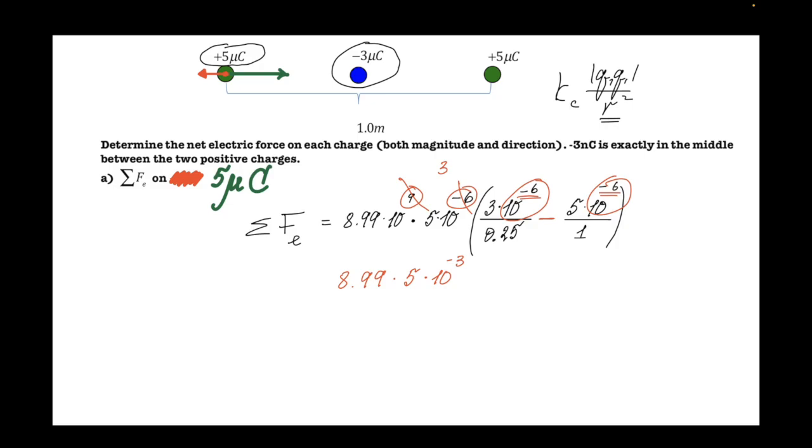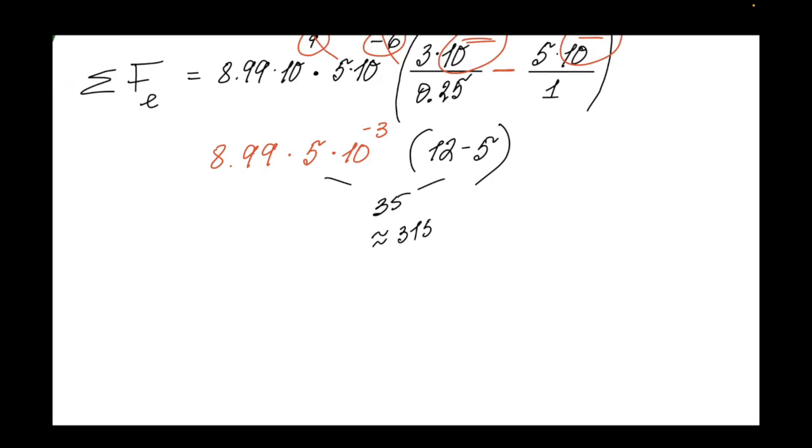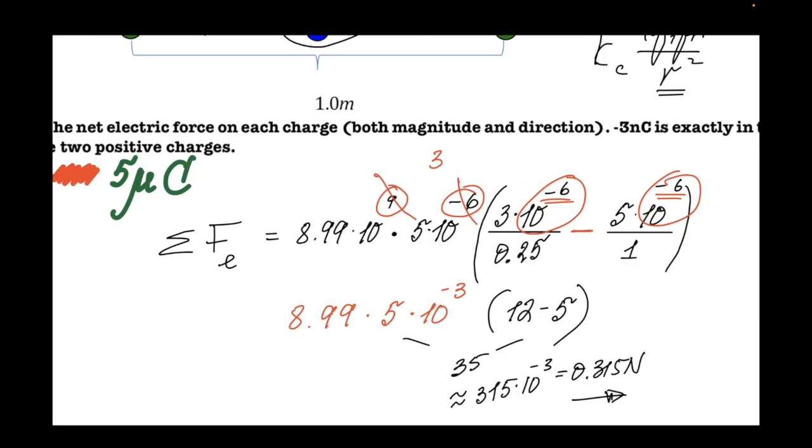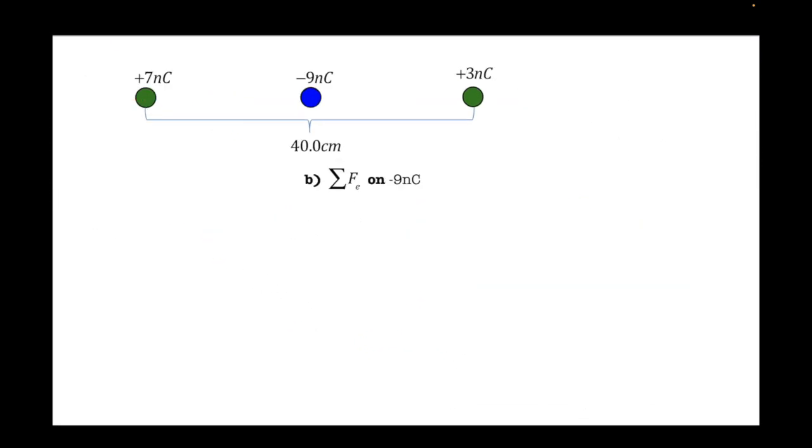And then what I have left is just 3 over 0.25, so that's 12, right? And then we have 12 minus 5, that's a 7. So 5 times 7, that's a 35. 315 times 10 to the negative 3rd, which is 0.315 newtons. And the force is to the right because the force to the right was greater than the force to the left. Let's take a look at another example.